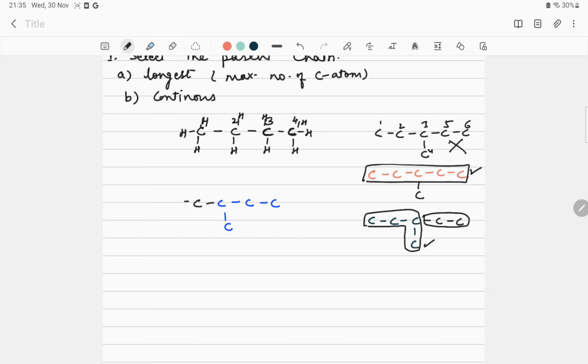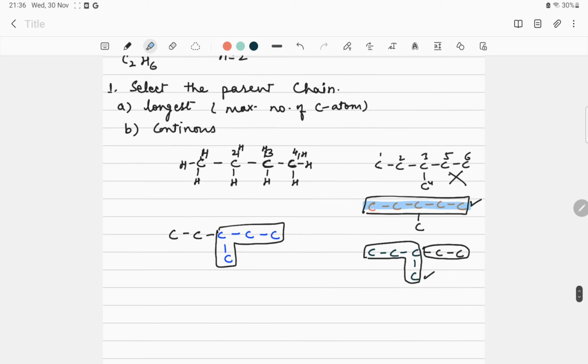This is not part of the parent chain, this is the parent chain. So you can see that there are three continuous chains possible, but which contains the maximum number of carbon atoms? The chain with the maximum number of carbon atoms is this. So that is why this has to be the parent chain, because this is the longest and continuous chain.